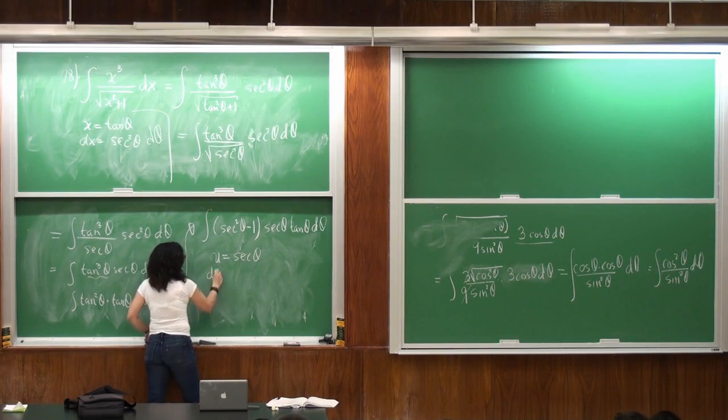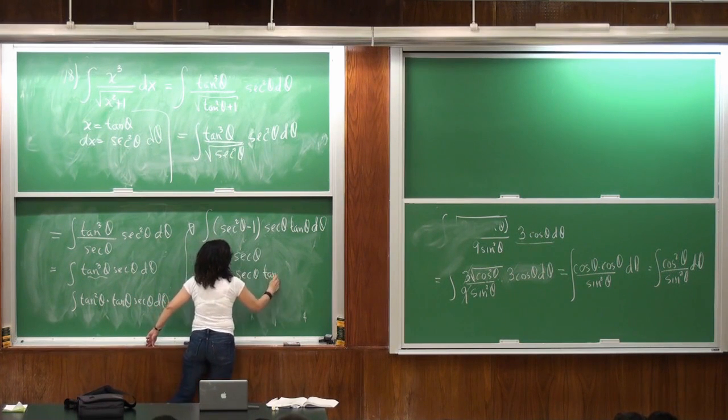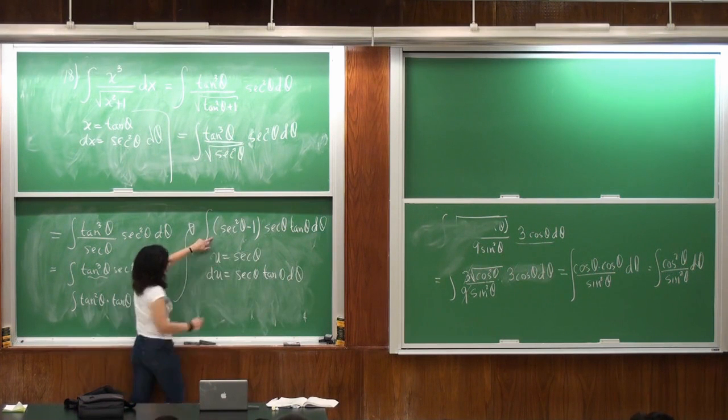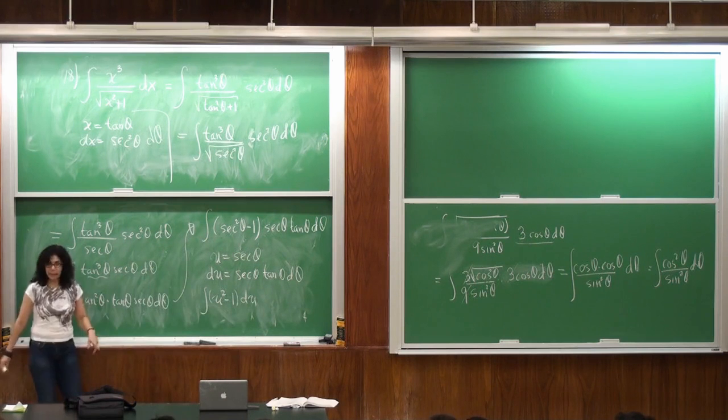Okay, then du is equal to secant theta tangent theta d theta. Okay, and then this is in business, because now what he's going to do over here is say u squared minus 1 times du. And that's a trivial integral.